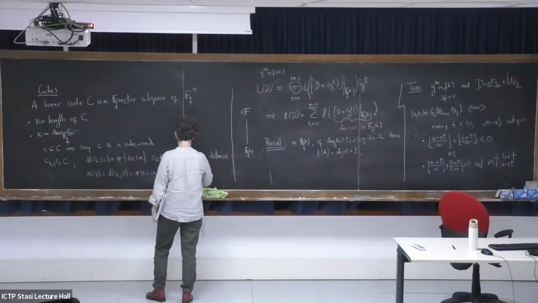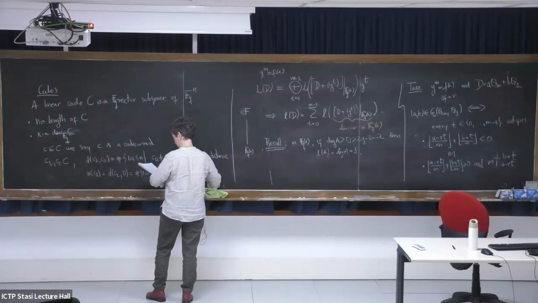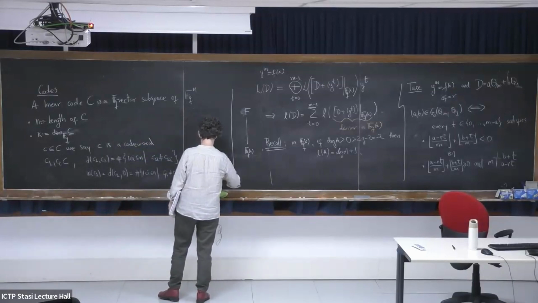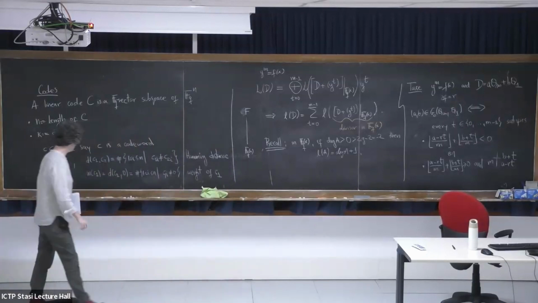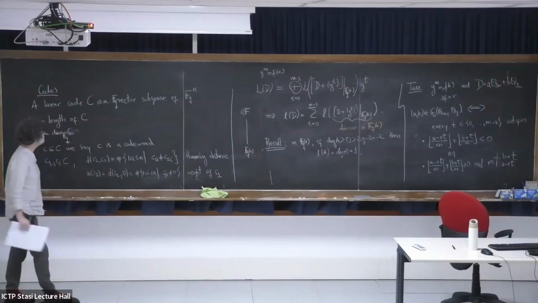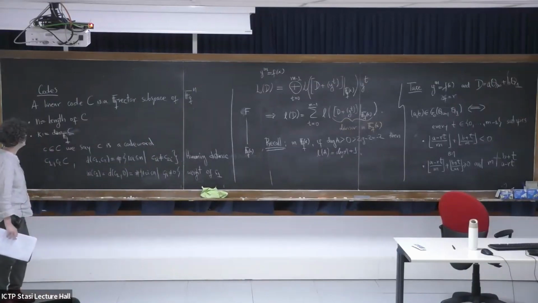This is called the weight of your code word. What is the minimum distance of our code?